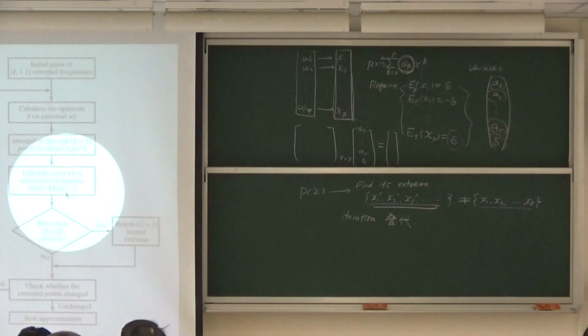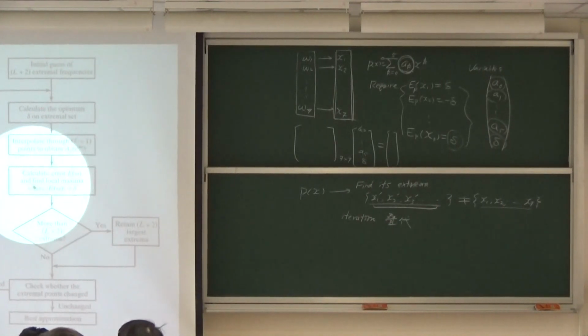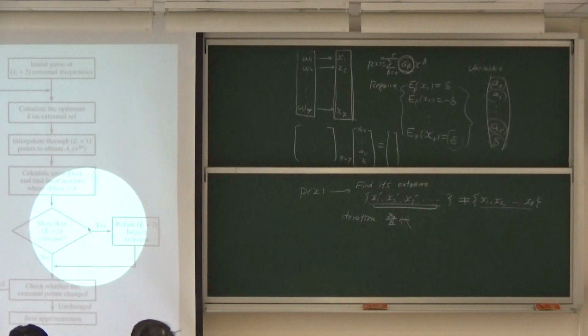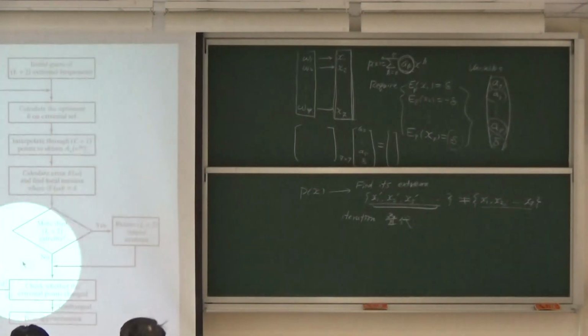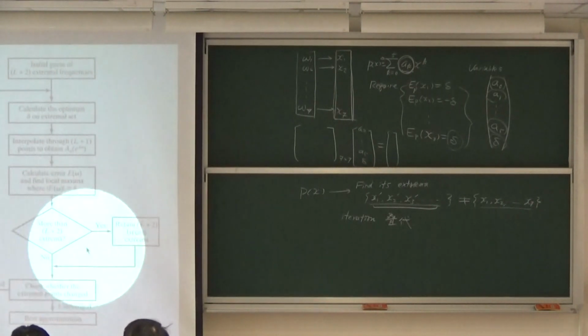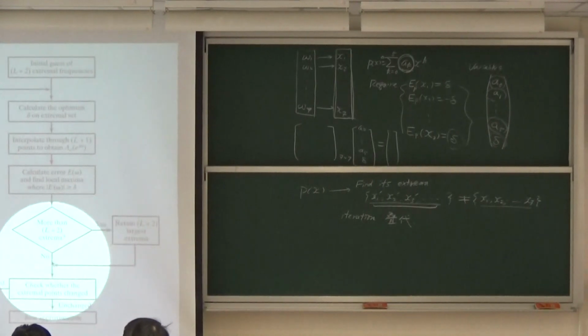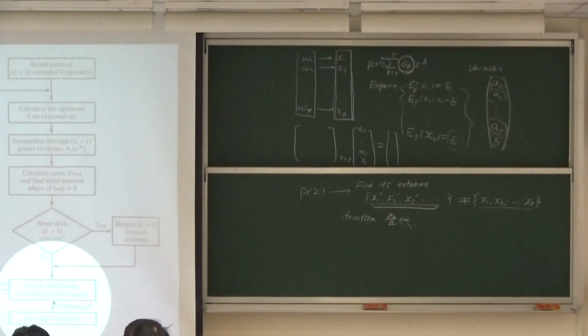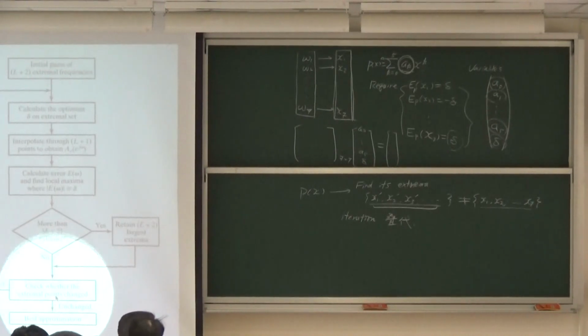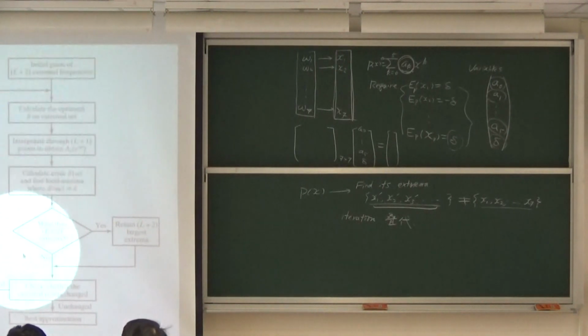After that, in this step, we try to find the local maxima and retain L plus 2 of them. There might be an extra maximum or not. Then we check if the extremal points have changed from last time. If they changed, that means the algorithm hasn't converged yet, so we repeat everything.